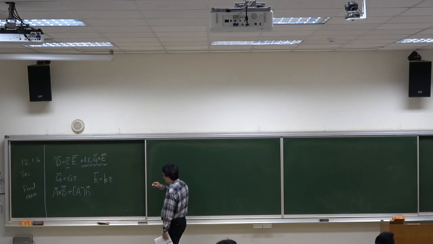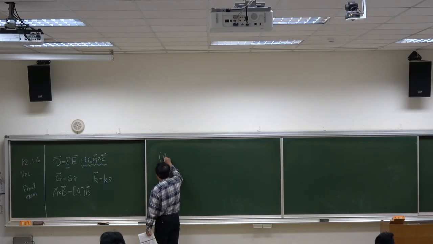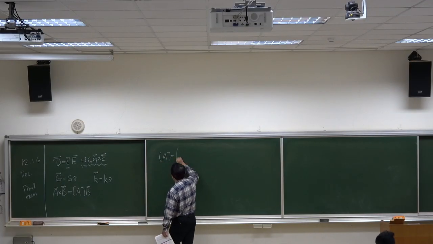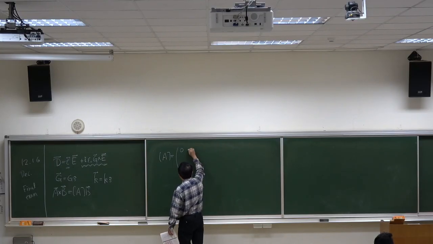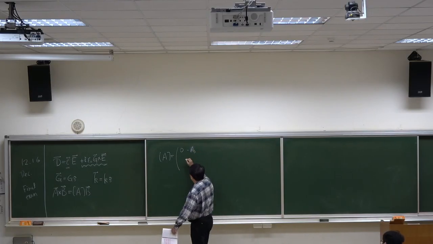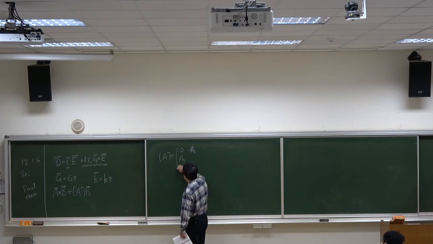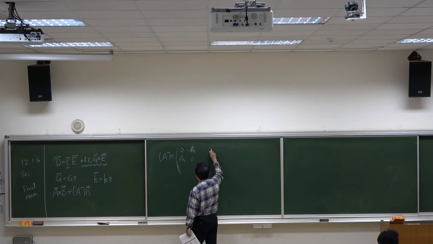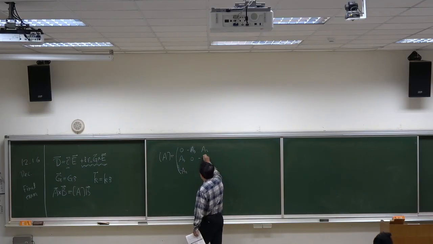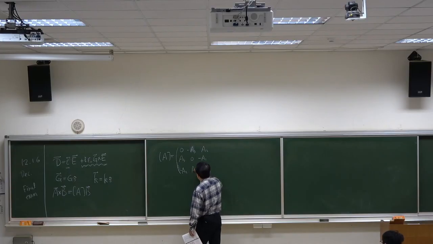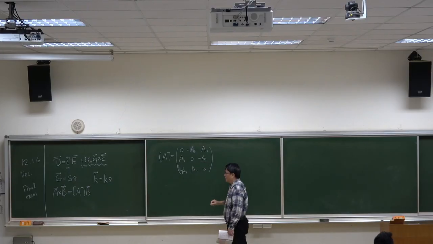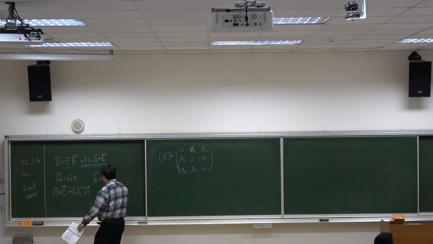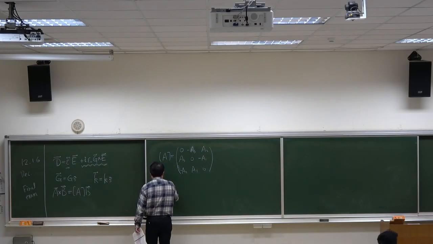Here, A is defined as A3, A2, minus A2, minus A1, 0. Okay, so here we have the G vector.